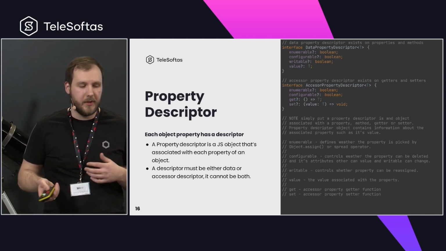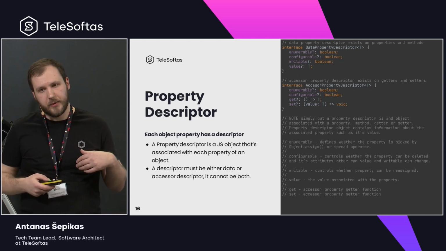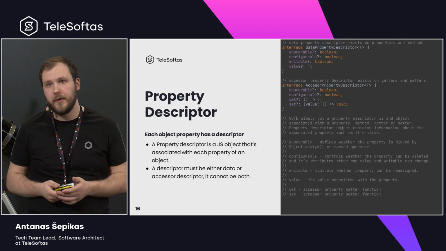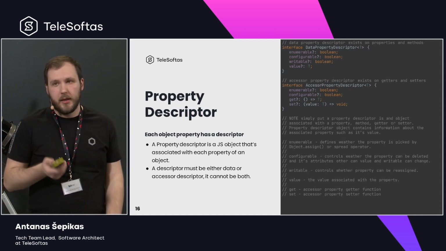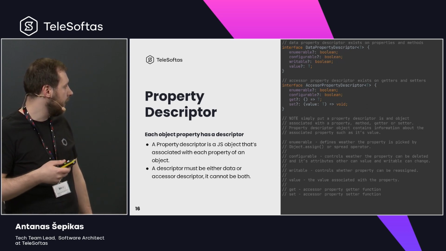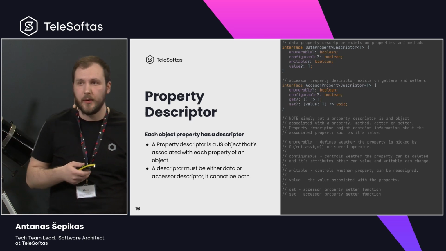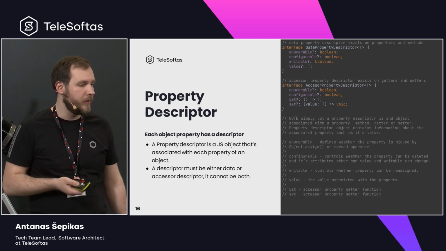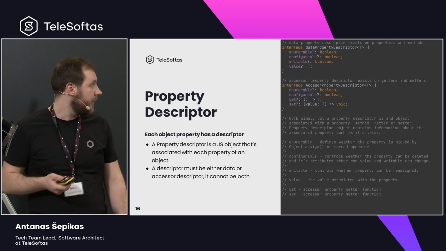The difference between the two is that the accessor descriptor would be available for the getters and setters of an object. Yeah, so simply put, a property descriptor is an object that is associated with every single property of an object, and it allows you to inspect and modify behavior of that property.